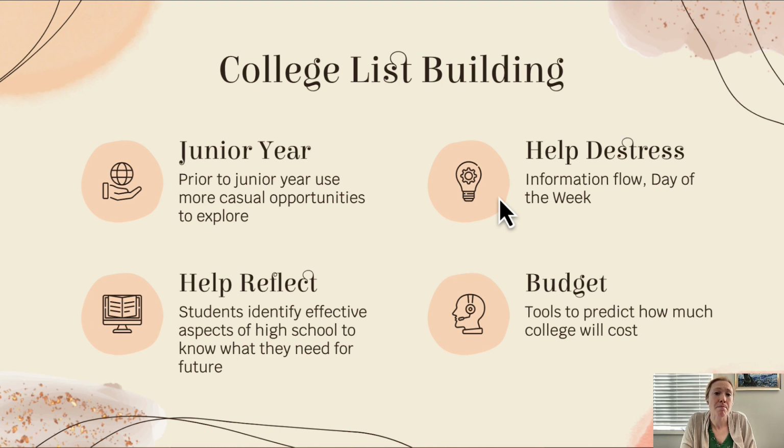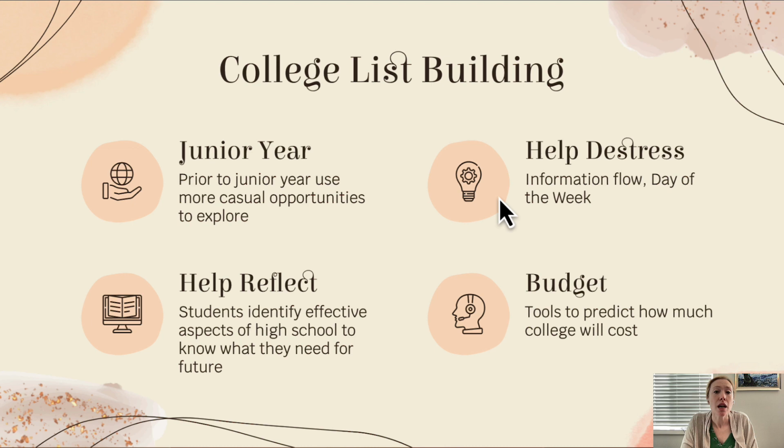Also, budget. Helping your student understand the cost of college, understanding financial aid when it comes to need-based aid versus merit-based aid, can be really illuminating, right? It can be really difficult to understand how much you and your family would be paying for college, but there are tools that we have.